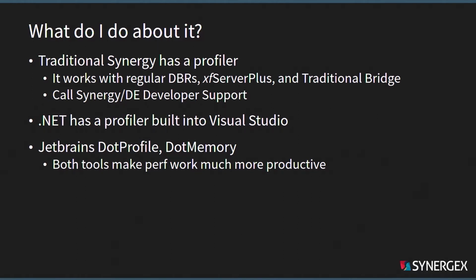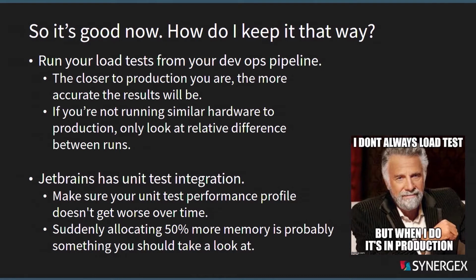It's a lot faster to figure out why my application is generating 40 gigabytes of garbage every second. And when I say garbage, I literally mean garbage-collected data. The more garbage you produce, the slower your application is going to run, so identifying sources of unnecessary garbage is a really good way to make your application go faster. So I like JetBrains a lot. They will feature again in the future.